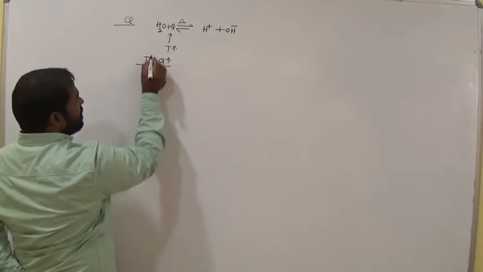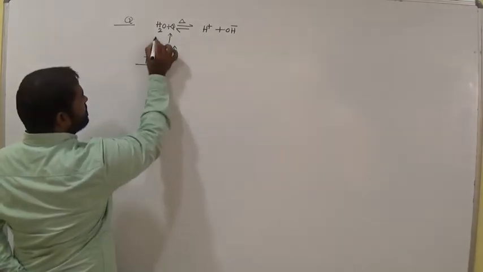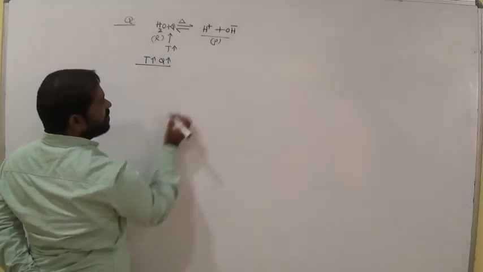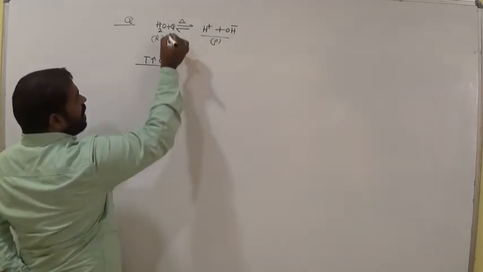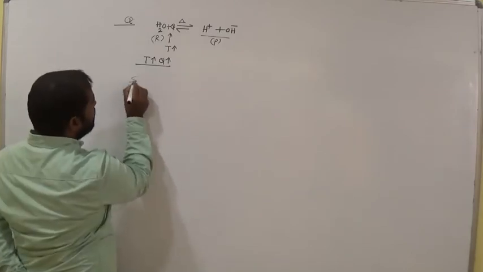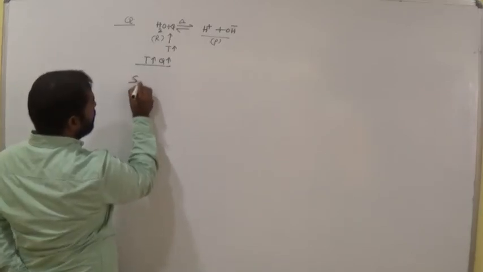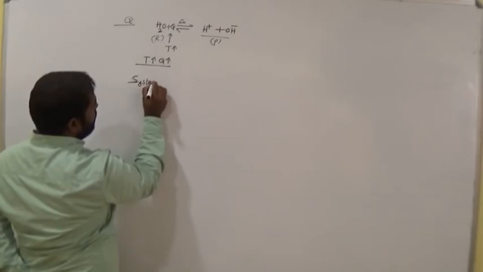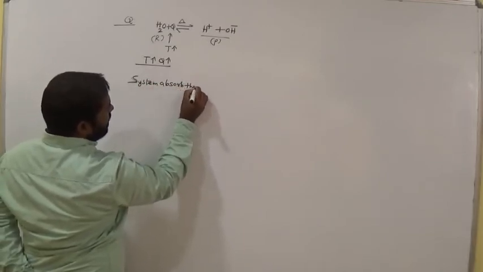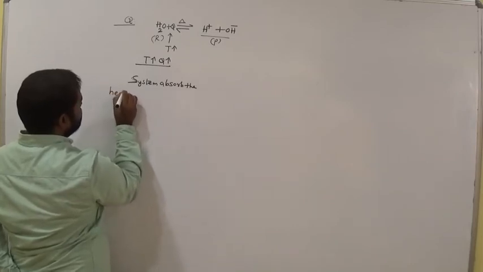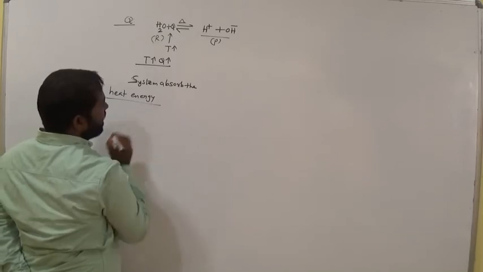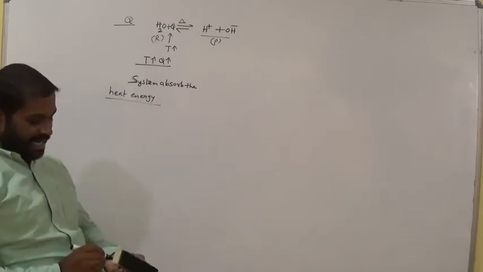Remember this: in this expression these are the reactants and these are the products. On the reactant side, temperature is high, that means the system absorbs the heat energy, am I right?